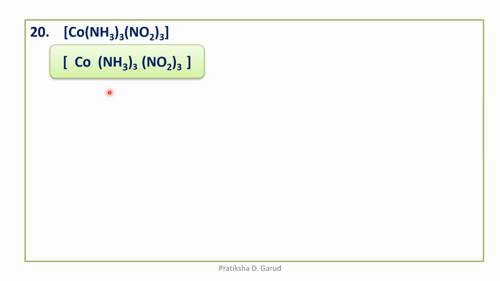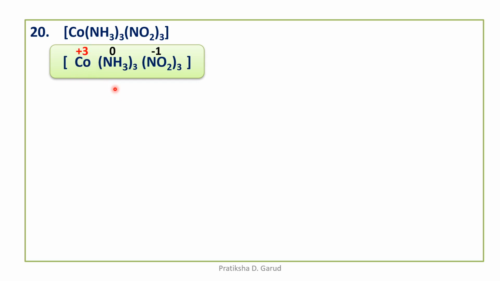NH3, that is ammonia, is the neutral ligand, therefore it has zero charge. Then NO2, that is nitro, is the negative ligand, therefore it has a -1 charge, right? So from this we can find out the oxidation state or the oxidation number of this cobalt. So the oxidation state of the cobalt becomes +3.